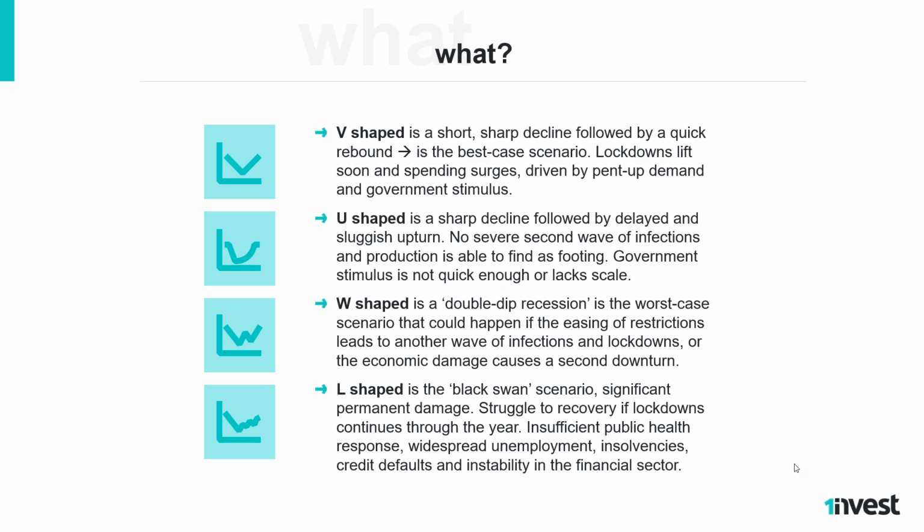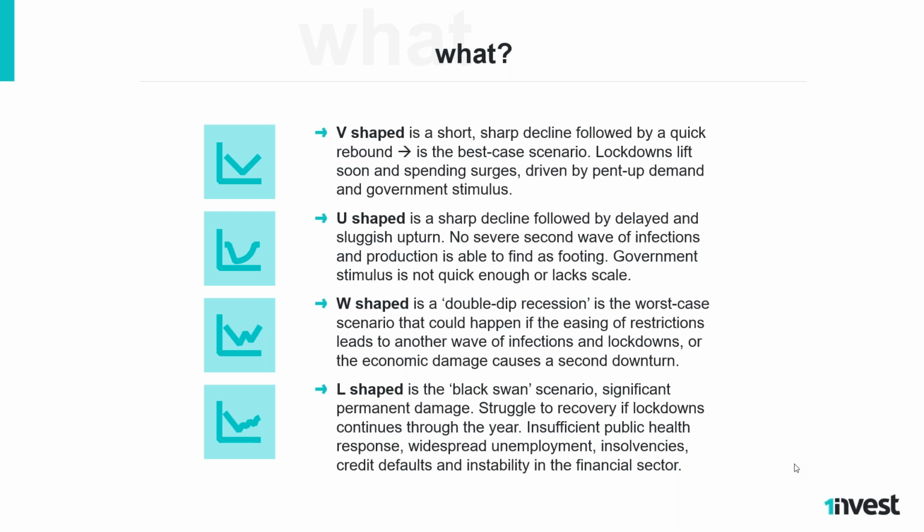And this second wave of infections is as strong as the first wave, and we struggle to then get back up to those previous highs, but we eventually do. So it's basically two V shapes in the shape of the growth cycle.